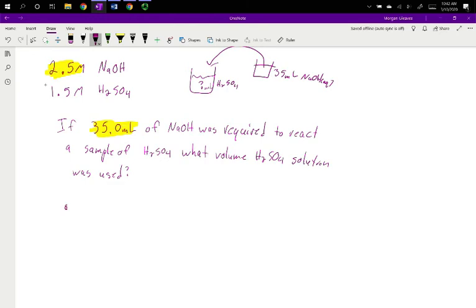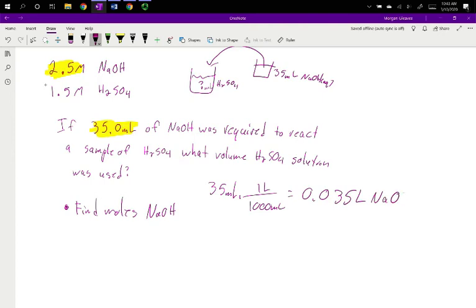And so the first step is to find moles of what I can, which is the NaOH. 35 milliliters. Well, there's 1,000 milliliters in 1 liter, so 0.035 liters of NaOH solution.